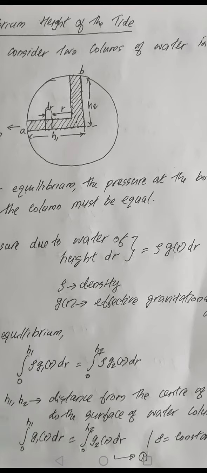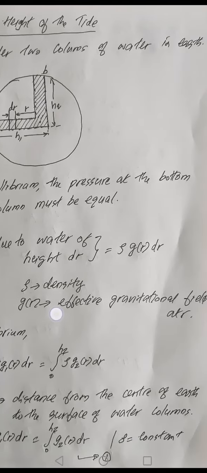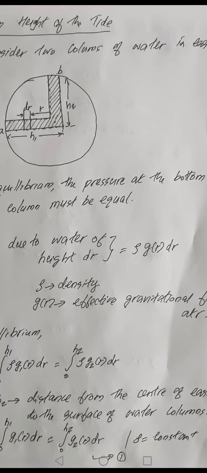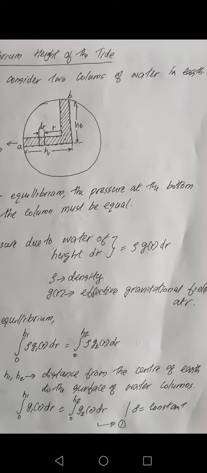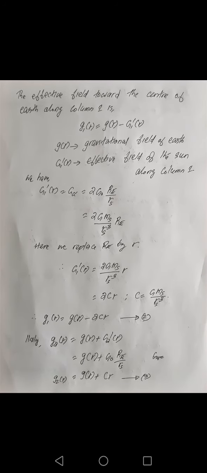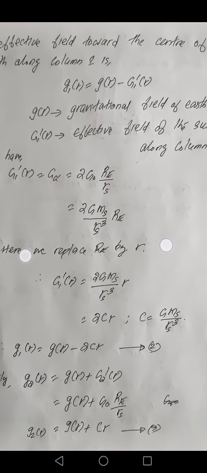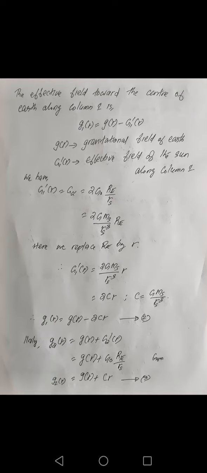So integral 0 to h1 of g1 of r dr is equal to integral 0 to h2 of g2 of r dr, where rho is constant; I take this as the first equation. Now I want to calculate g1 of r and g2 of r, then substitute here to get the value. That is the method. So first I want to calculate g1 of r, the effective field towards the center of earth along column 1, the first column.